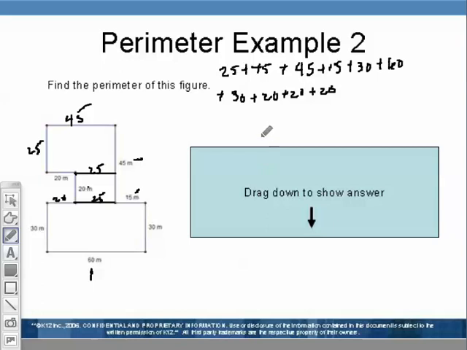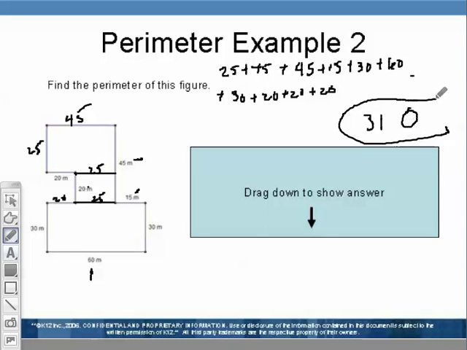Wow, a lot of numbers adding up there. Okay? So 5, 10, 15, 20. Yep. So it's going to end in a 0. Carry your 2. 4, 8. Yeah, 8, 9, 10, 11, 12, 13, 16, 22, 25, 26, 27, 28, 29, 30, 31. I get 310. And that is 310.